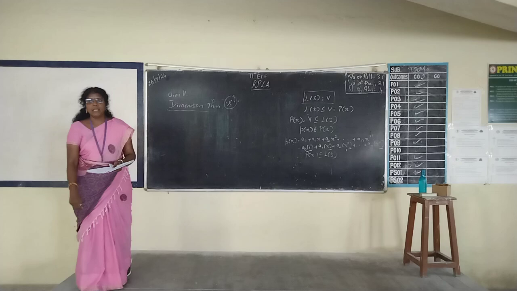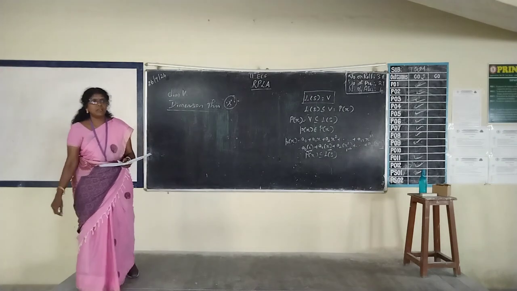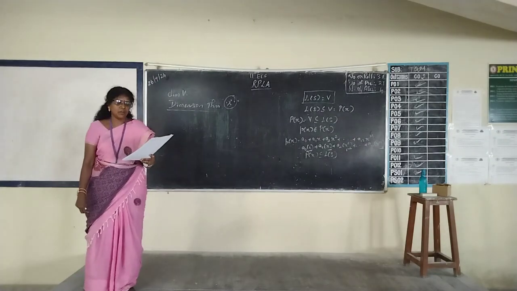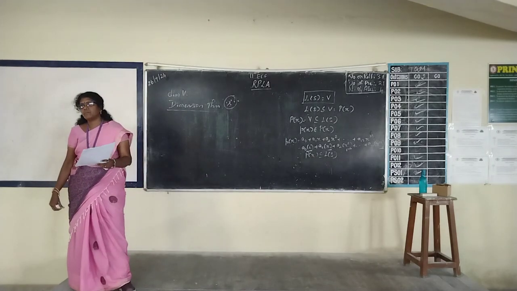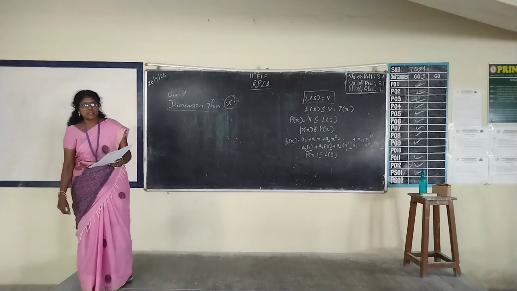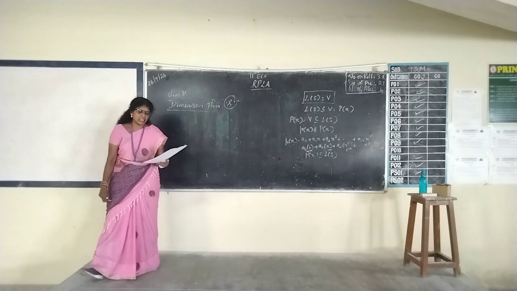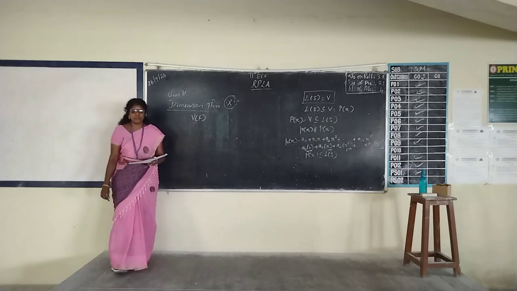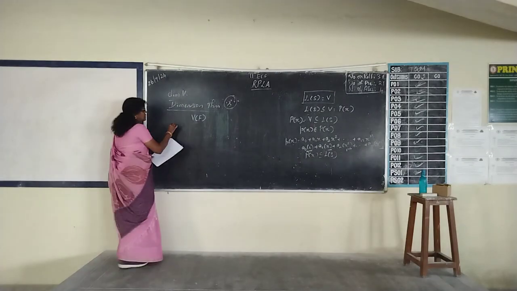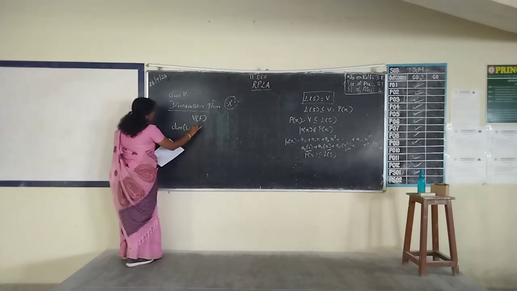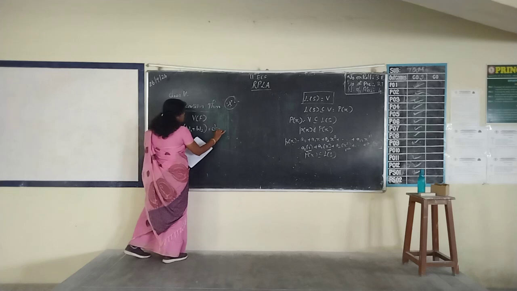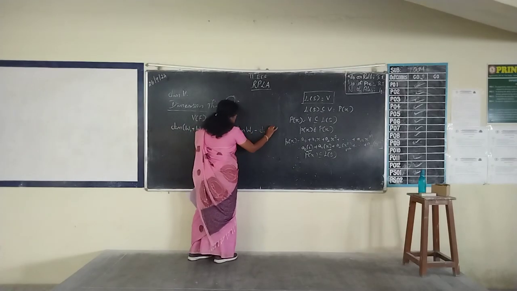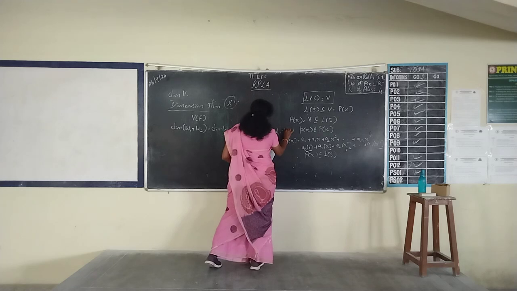If W1 and W2 are two subspaces of a finite dimensional vector space V over the field F, then dimension of W1 plus W2 is equal to dimension of W1 plus dimension of W2 minus dimension of W1 intersection W2.